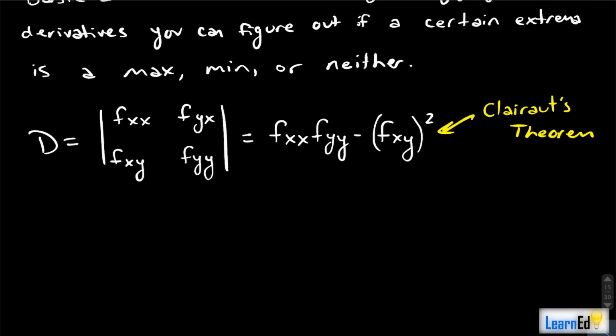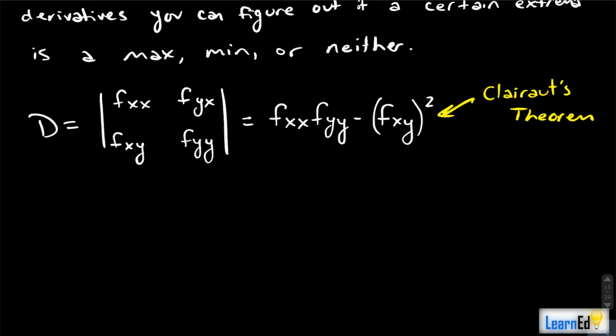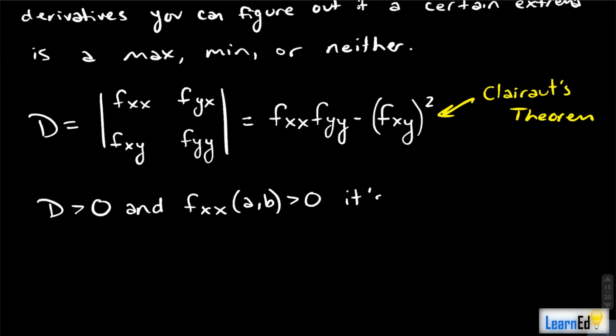So, the rules with this are that if D is greater than 0 and fxx is greater than 0, it's a min. So if they're both positive, it's a min.